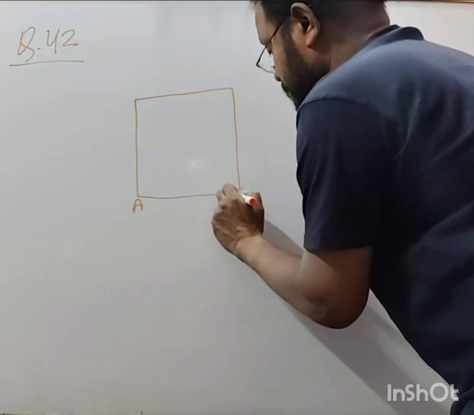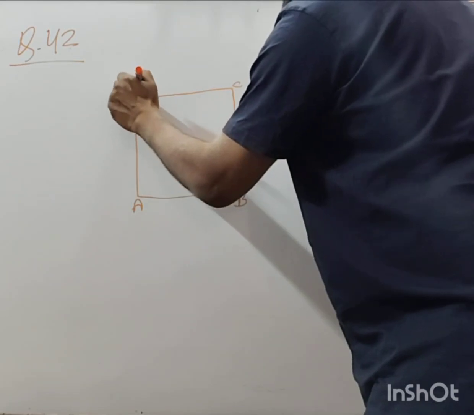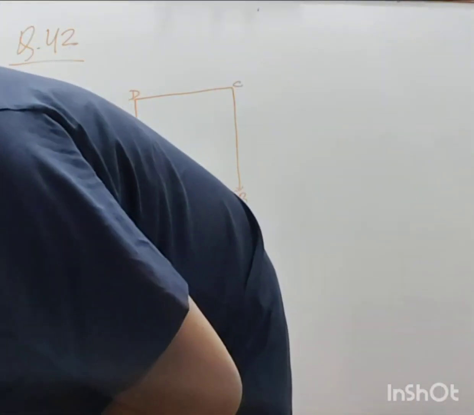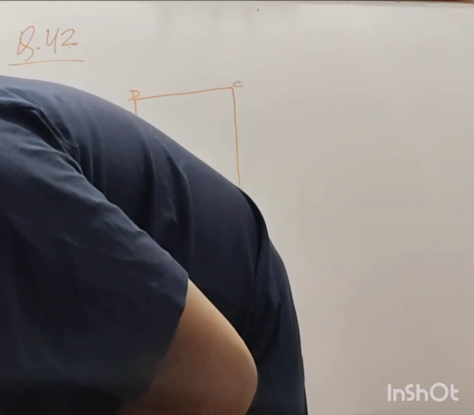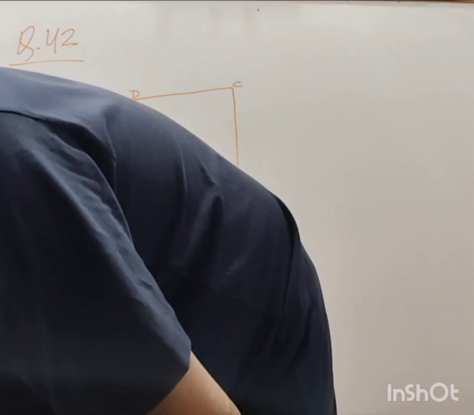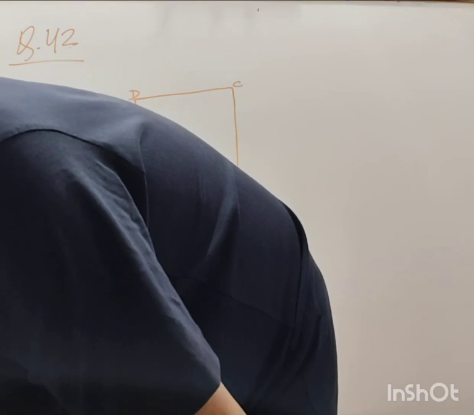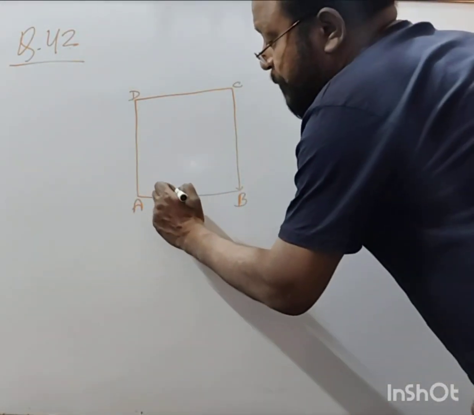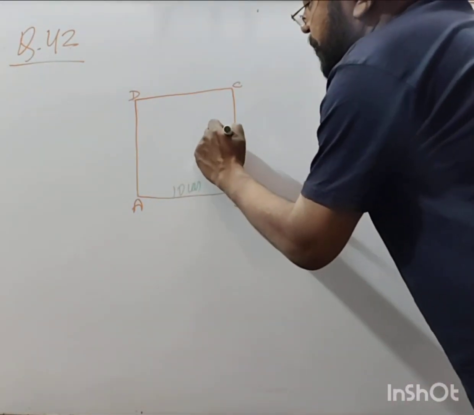A, B, C and D. Now it says that in ABCD, AB is 10 centimeter and BC is 8 centimeter. Fine.